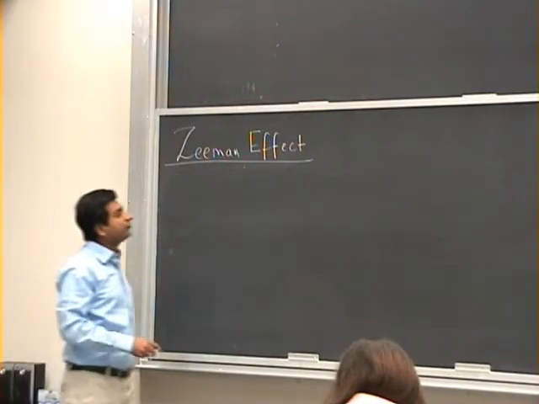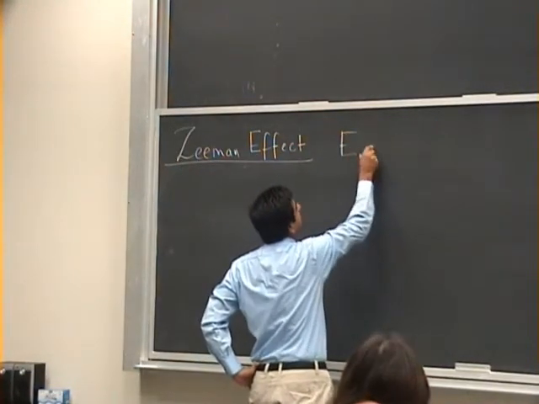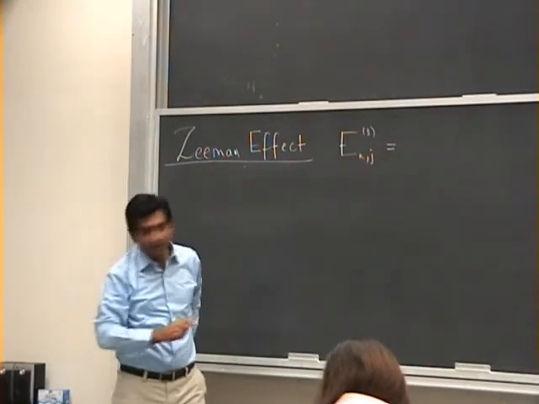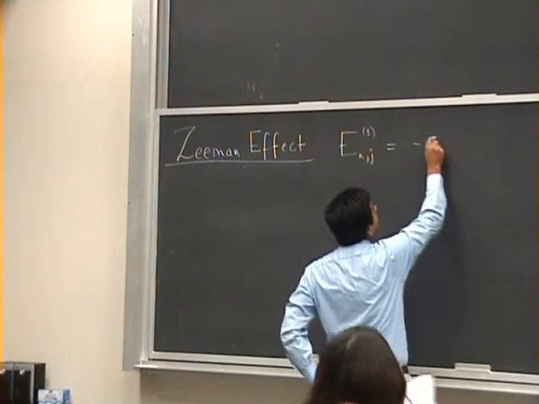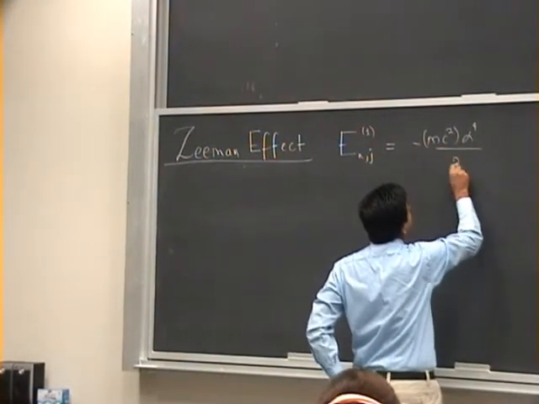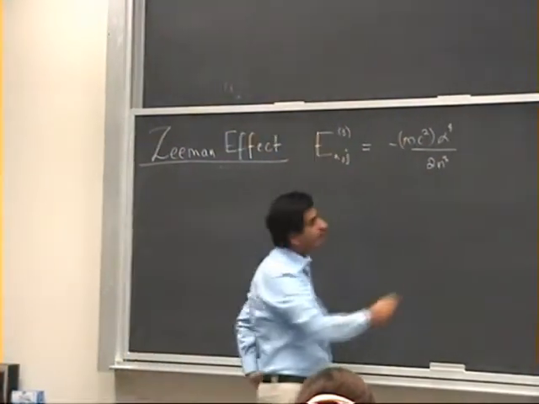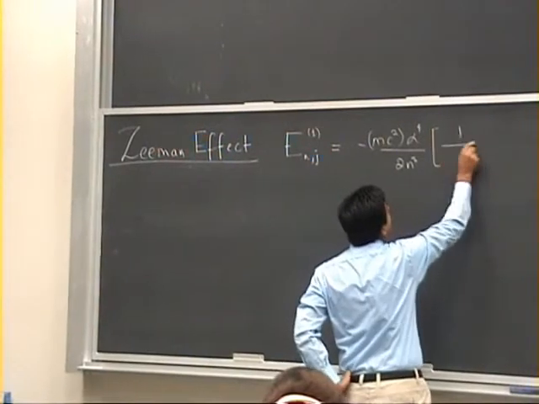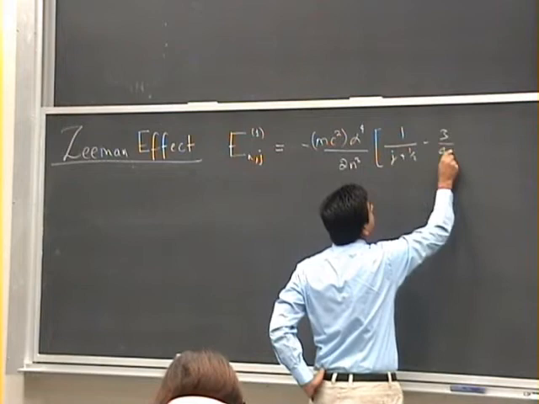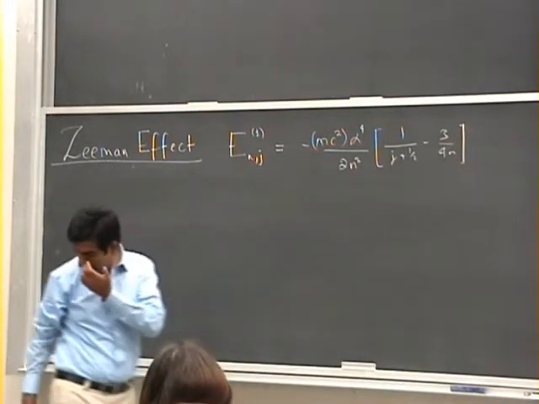And we found that up to first order, the energy shifts are given by minus mc squared alpha to the fourth over 2n cubed, times 1 over j plus half minus 3 over 4n. So these were the energy shifts.